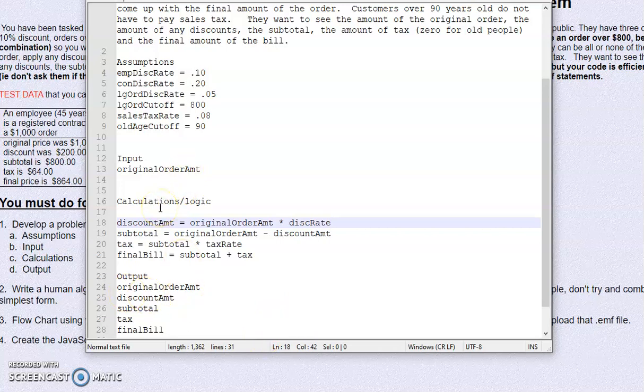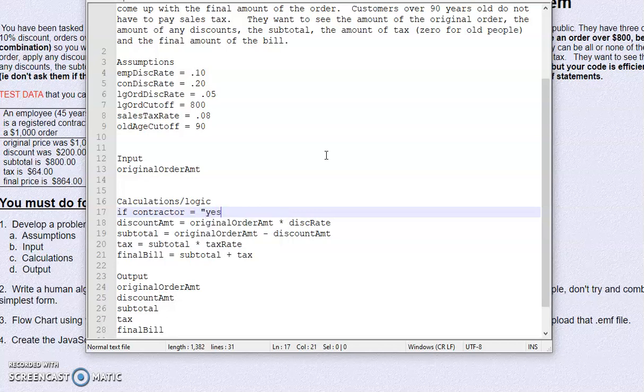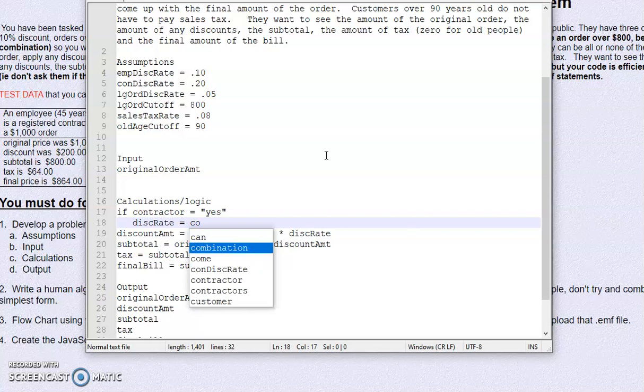So now how do we figure out this disc rate? We have to figure that out, and that depends on the type of customer it is. So we're going to say that if contractor equals yes, then the disc rate is going to be equal to the contractor disc rate.